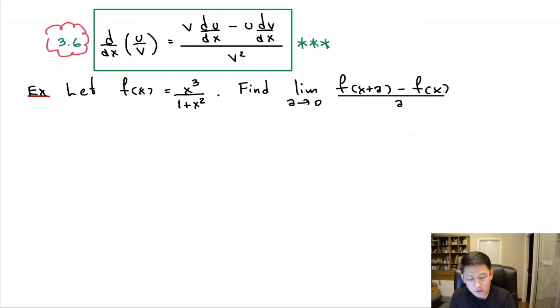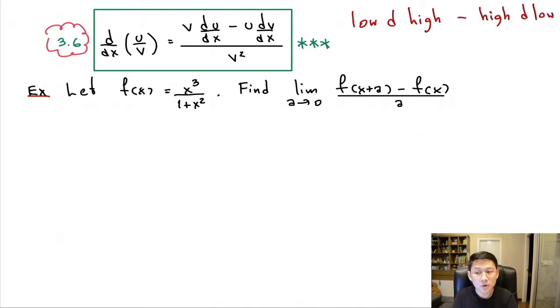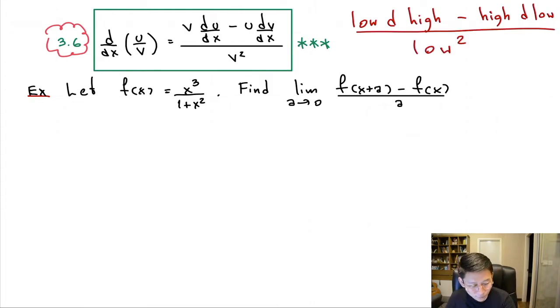Okay, the way to memorize it is: low d high minus high d low, over low low, which means low squared. Okay, I know it's silly.